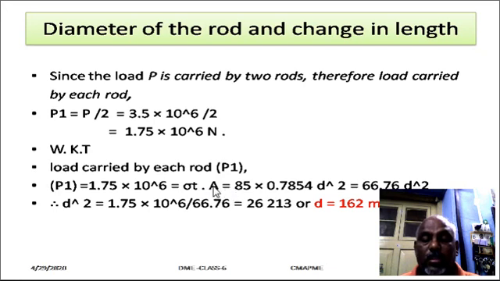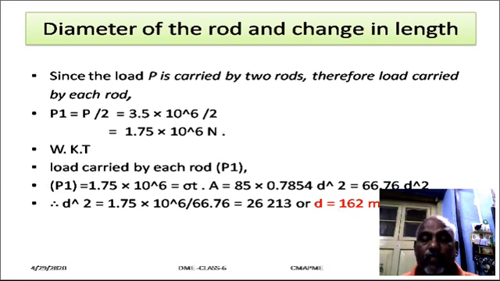Therefore tensile stress into area is equal to 85 into 0.7854 into d square. We get 66.76 d square. Therefore d square is equal to 1.75 into 10 to the power 6 divided by 66.76. At the end we get the diameter of the rod equal to 162 millimeter.